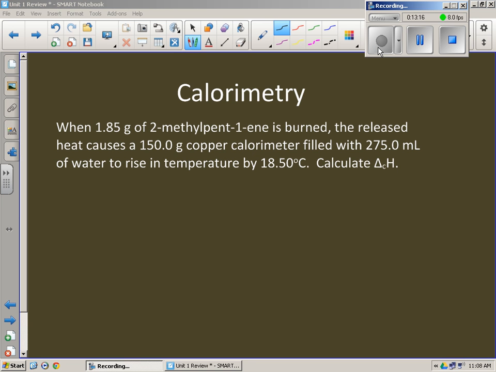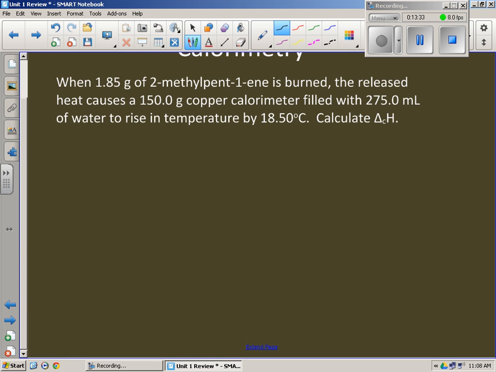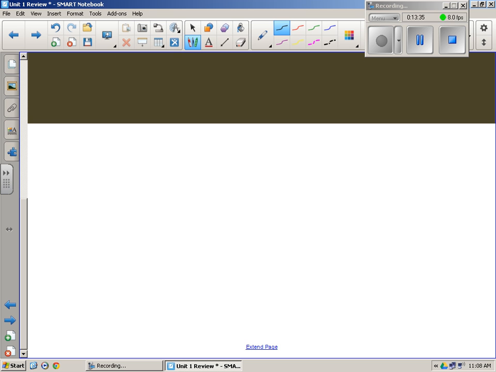So, calorimetry. Not only do we have a fuel here, 1.85 grams of 2-methylpent-1-ene, we got a 150 gram copper calorimeter filled with water. And we need to figure out delta CH for this one. So what we need to do in this case is, don't forget, we need to talk about energy lost, energy gained.